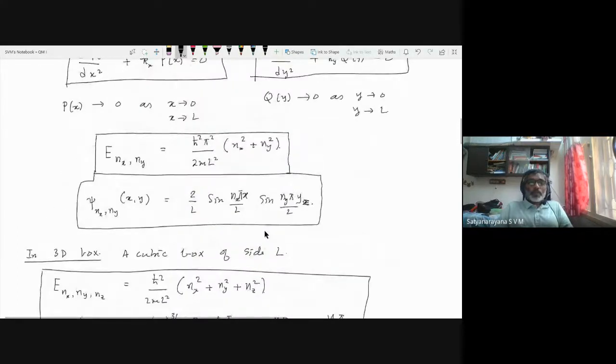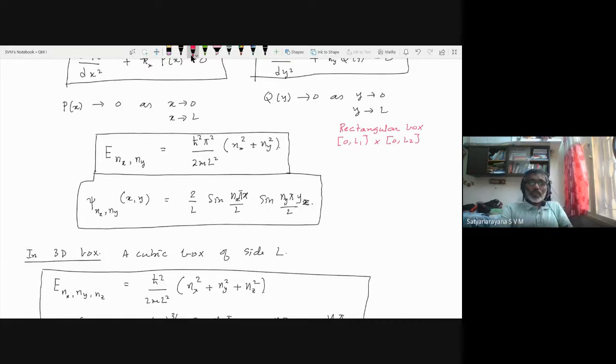The equivalent of this in the case of a rectangular box, that means your box is like 0 to L1 cross 0 to L2, because it's not the same.